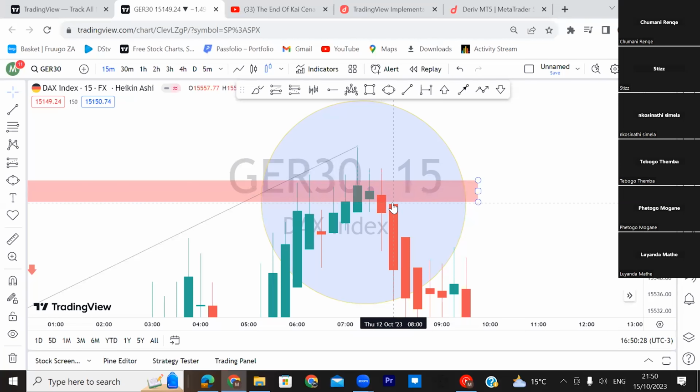And you can see by the upper part of the candlestick right here, it does not have a wick. It does not have a pin. It just opened and then it sold off, right? So that confirms that the price has a lot of momentum to the downside.